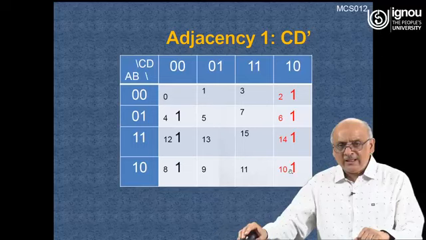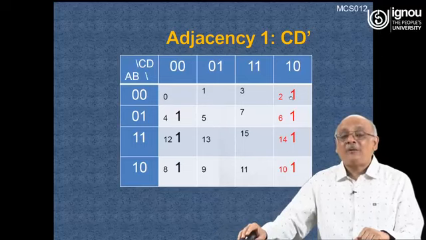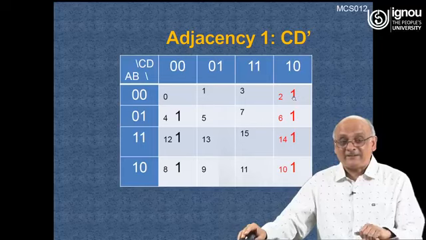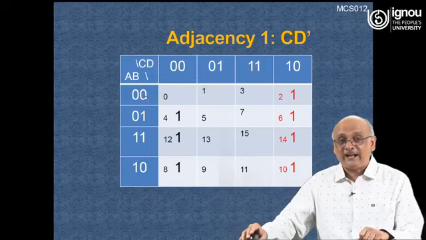So all these 4 min terms have been combined. If I look at these min terms, this one is A dash, B dash, C, D prime. This is A dash, B, C, D prime.